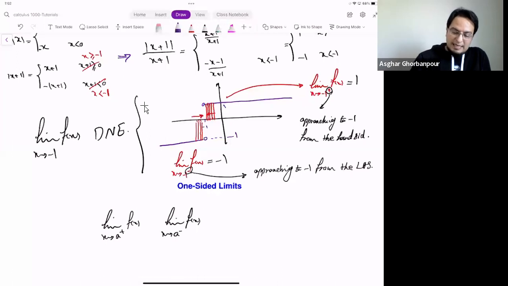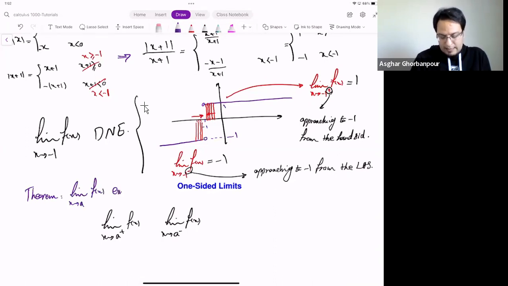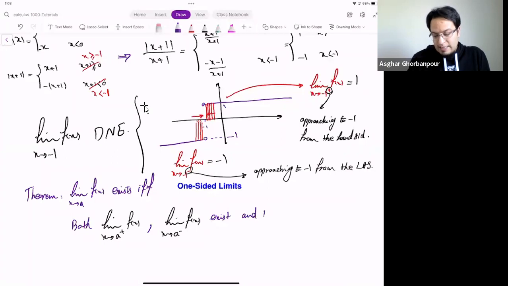Now, this is another tool in your toolbox. This is a theorem. It says that the limit of a function as x approaches a exists if and only if both one-sided limits exist and they are the same.